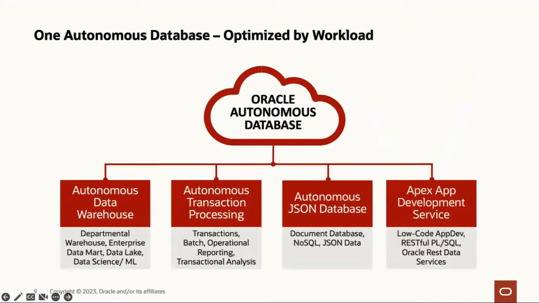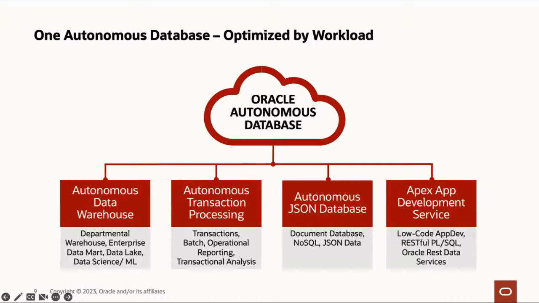All right, so now we'll go through the different workload types that we offer in Oracle Autonomous Database. At the bottom, we have Autonomous Data Warehouse, Autonomous Transaction Processing, Autonomous JSON Database, and Apex App Development Service. We'll start on the left with Data Warehouse. This will be columnar and optimized for data warehouse, data marts, data science, or analytical applications.